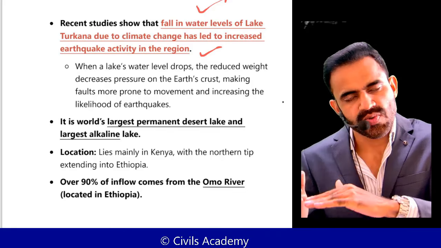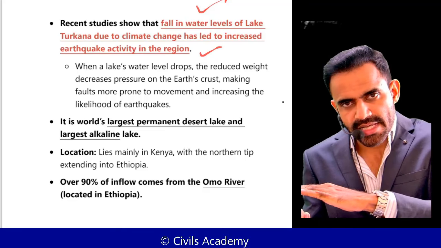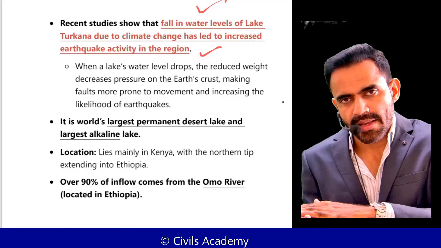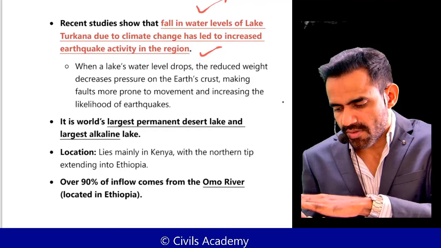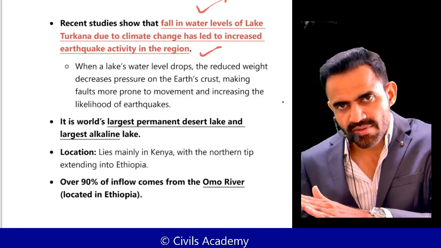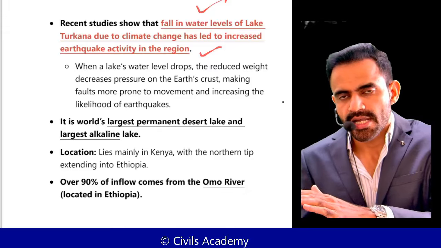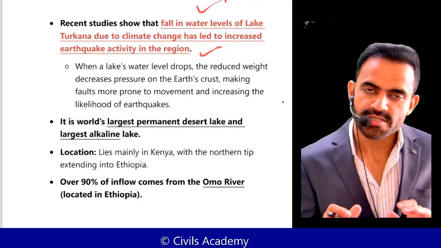Why? Because less water is there. Consider it like a bowl. If there is less water in the bowl, what will happen? The crust, or the bottom of that bowl, will have less pressure. So whenever there are earthquake eruptions, they will be more frequent, because now they will be able to release the pressure. So just understand this concept.